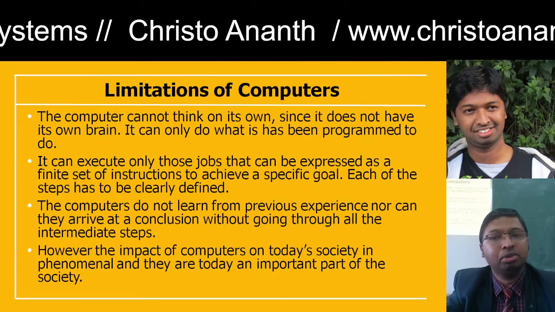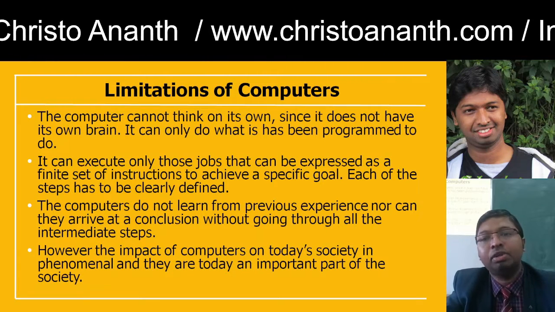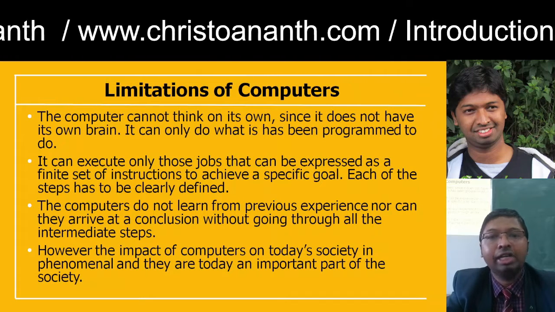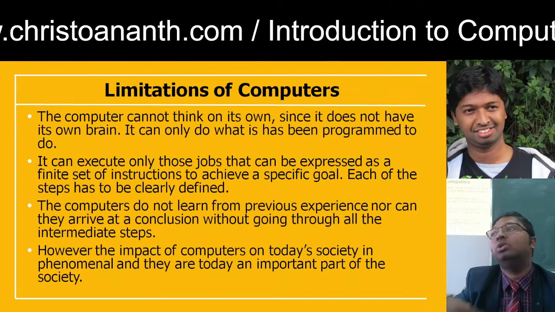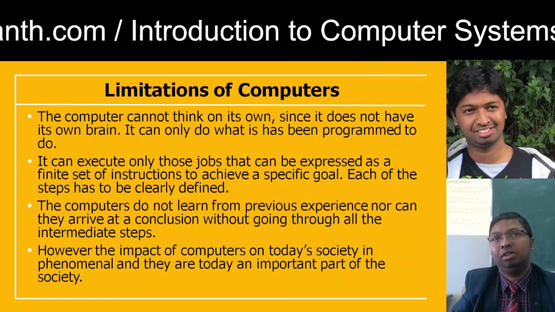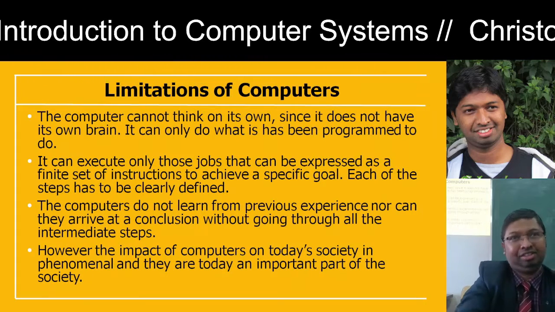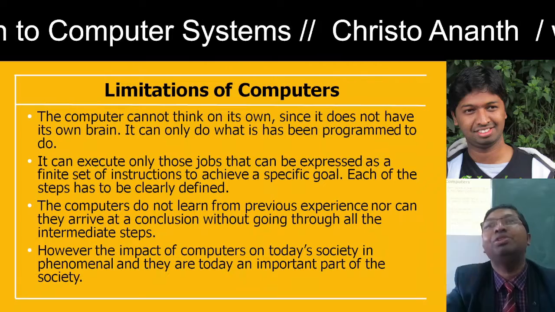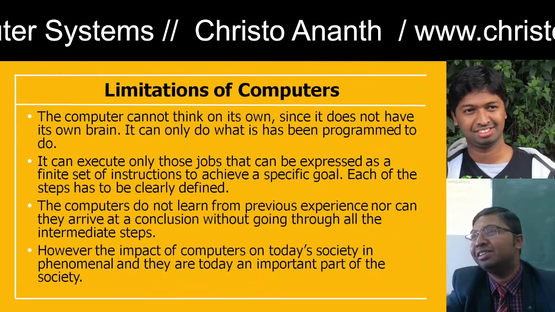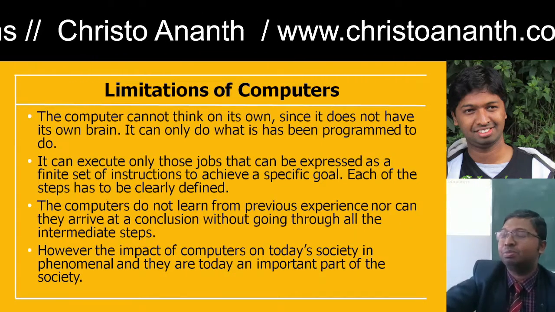And computers do not learn from previous experiences, or come to a conclusion. The only thing is you have to feed it: if step 1, then you proceed to step 2. We have to feed it. It doesn't have previous experiences.